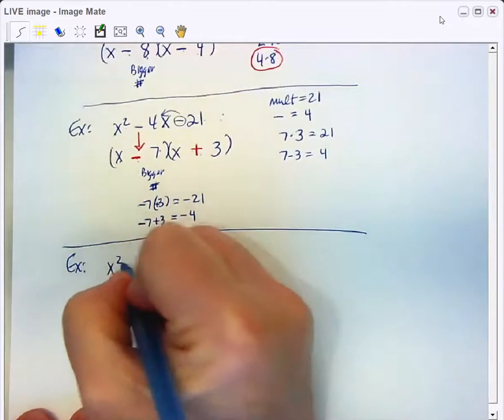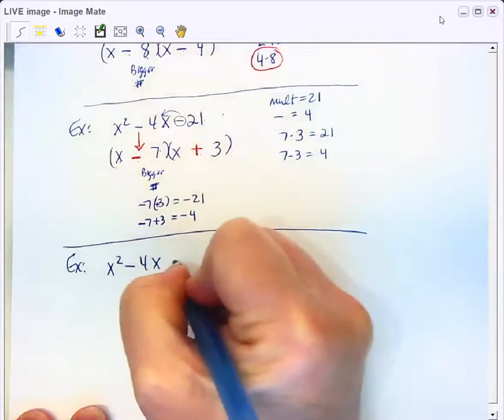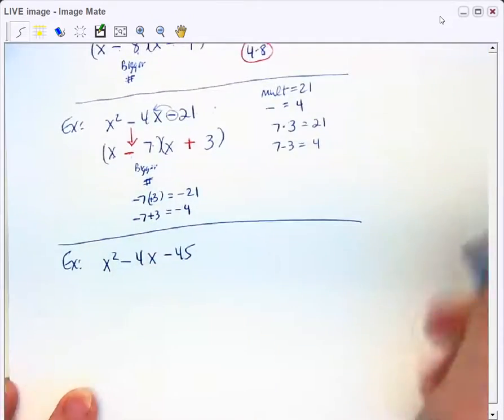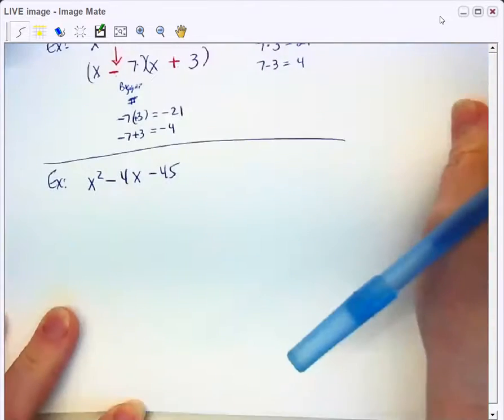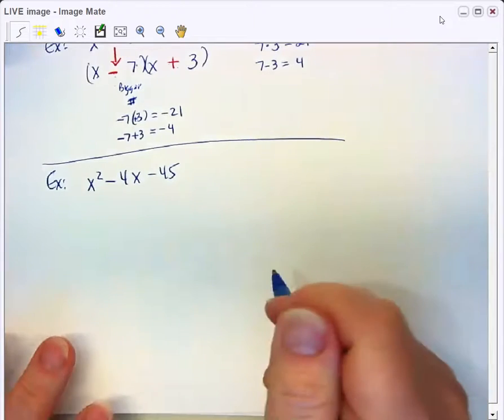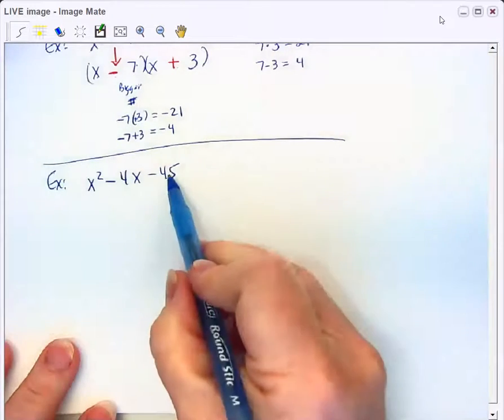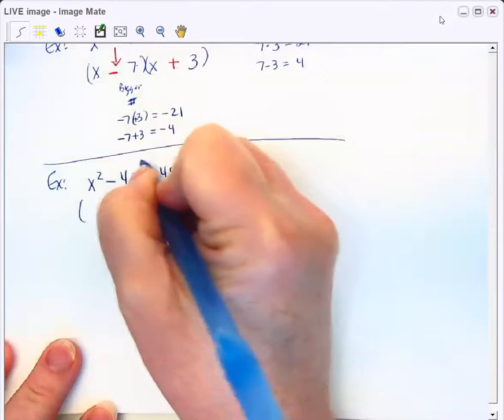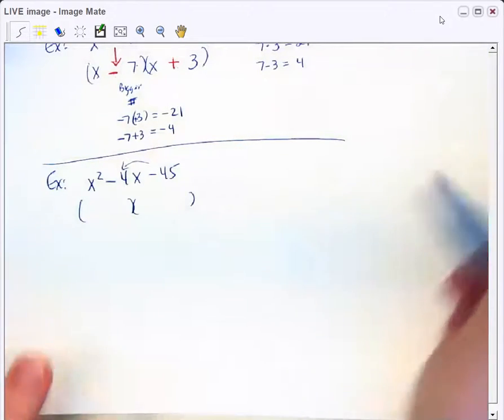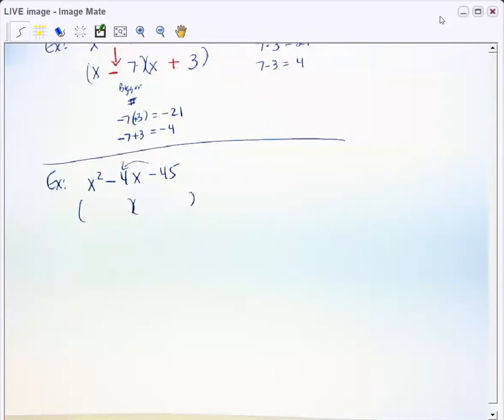So x squared minus 4x minus 45. No common term, not a difference of squares. Okay. So I need it to multiply to give you 45 and subtract to give you 4. So put the two numbers in the chat box.